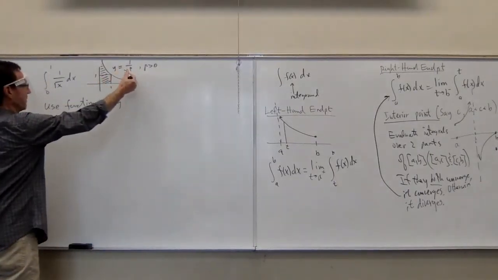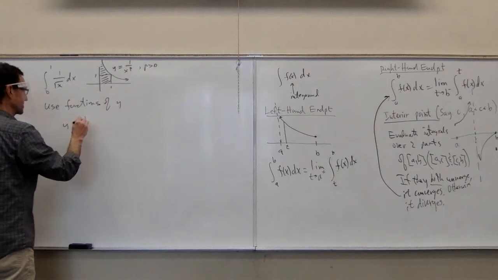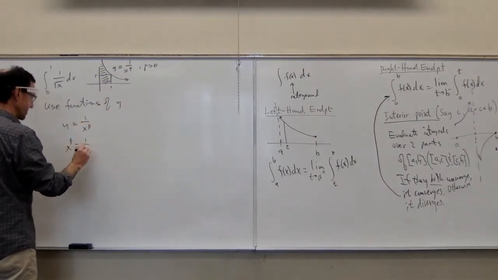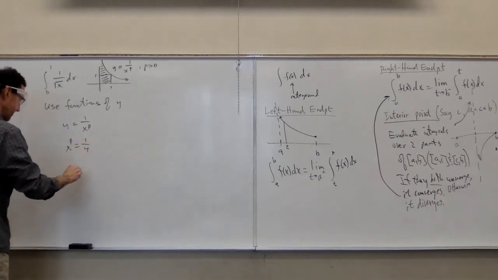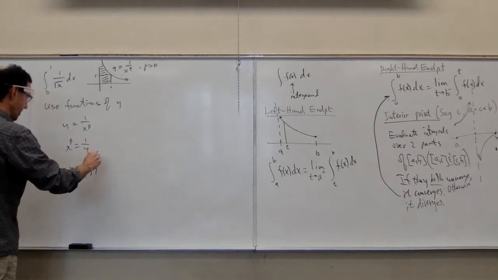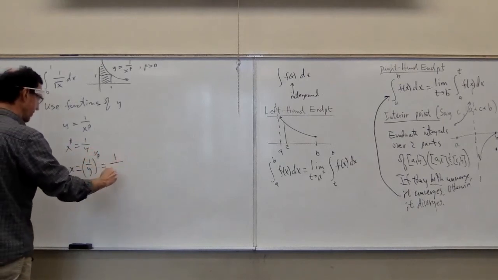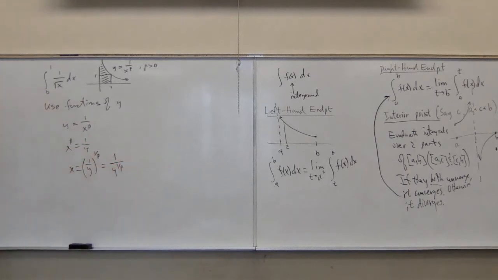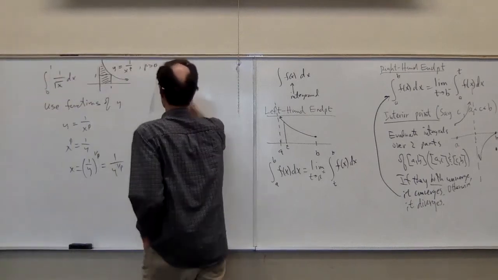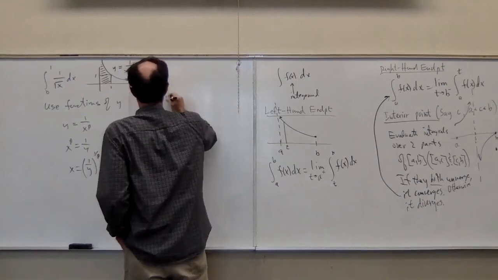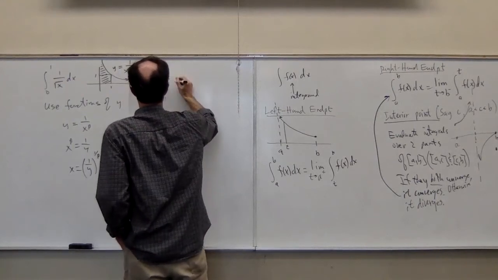So I need to solve for x. If y equals 1 over x to the P, x to the P equals 1 over y. Take the P root, and simplify: 1 over y to the 1 over P. And so, start at 1.